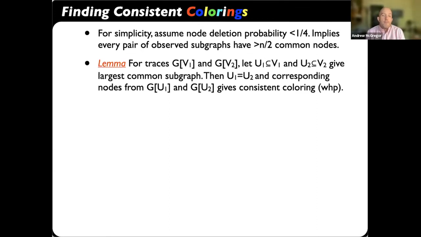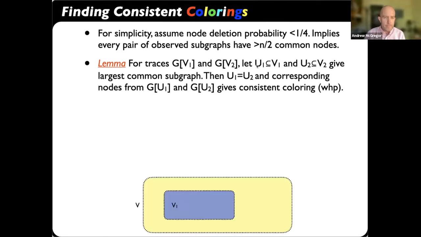Okay, so the lemma that we can prove is that, let's say V1 is the preserved nodes in trace 1, and V2 is the preserved nodes in trace 2. And let's say U1 is a subset of V1, and U2 is a subset of V2, where you've maximized the size of U1 and U2 such that the induced subgraph on U1 is the same as the induced subgraph on U2.